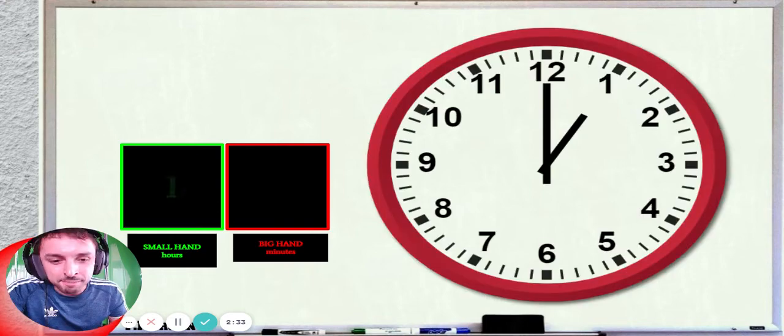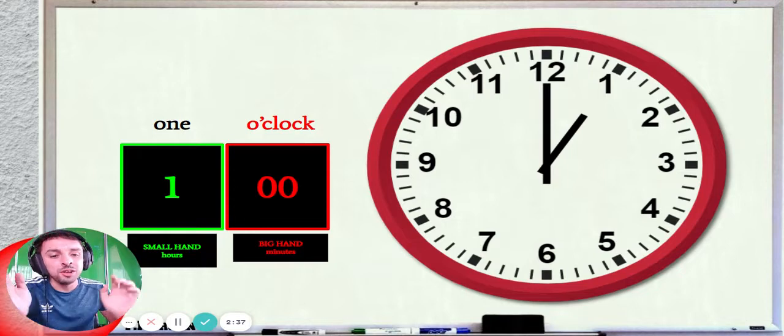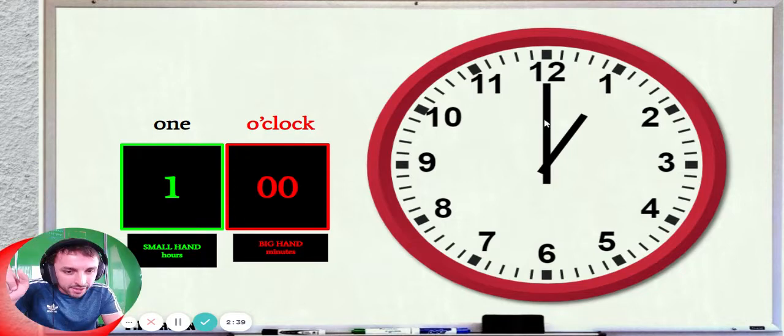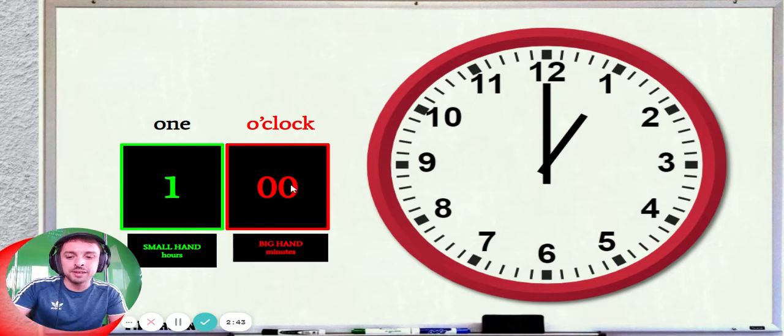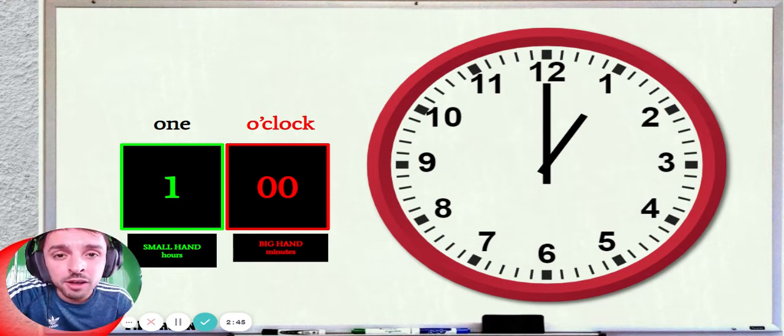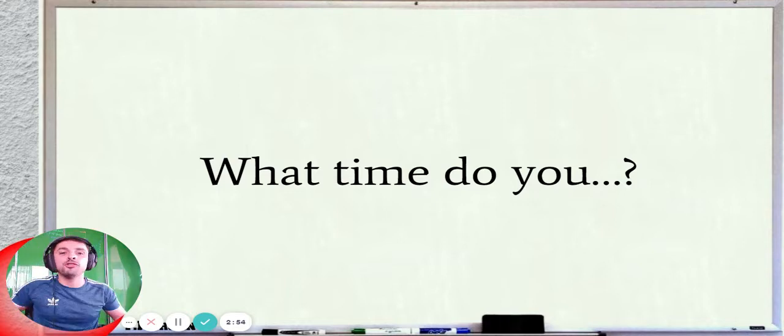Then we have here, what is the time? It is 1 o'clock, because if the big hand is pointing up at 12, that is 0 minutes, and 0 minutes is o'clock. You say O, because the O looks kind of like a 0. That's how you remember.